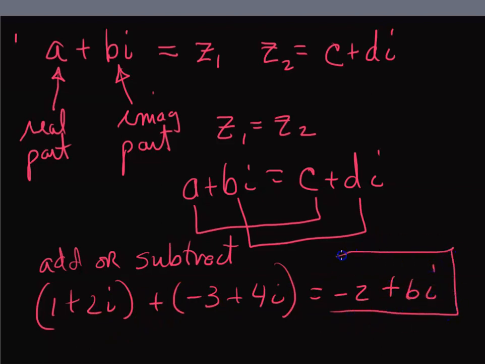That's the sum. The difference is the same thing. Let's do it without rewriting it. 1 minus a negative 3, so that's really a positive 3 and 2 minus 4, so now you get a negative 2i. So addition and subtraction is just combining like terms, the real parts and the imaginary parts.